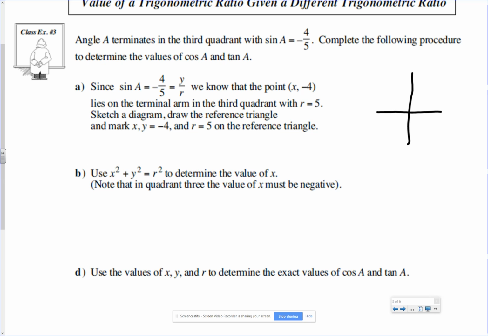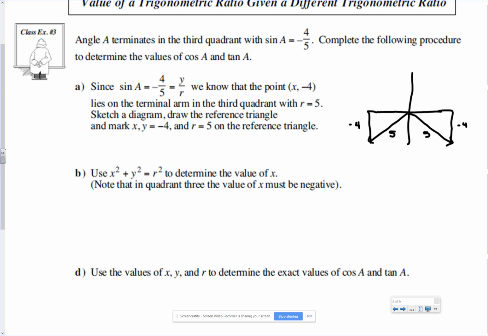So it says I have sine, that's -4/5. So sine could be negative in this quadrant, or it could be negative in this quadrant, given the CAST rule. So -4 over 5 gives me a value of -4 there, and a value of 5 there, or a value of -4 here, and a value of 5 here.